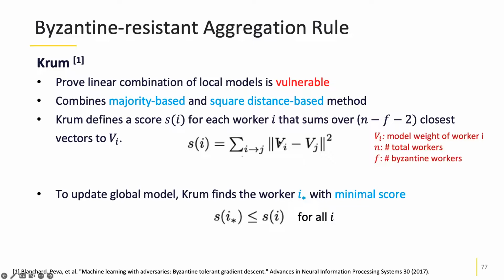The score is computed in the Euclidean distance space, and the sum is taken over the closest neighbors to the model weights of this client. V here is the local model parameters of client i. This score is computed for each client in the system. Then the global model is updated by choosing the client which has the minimal score, instead of computing the weighted average of all local updates.